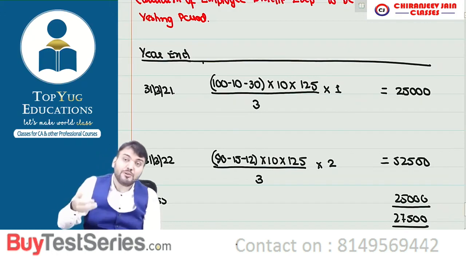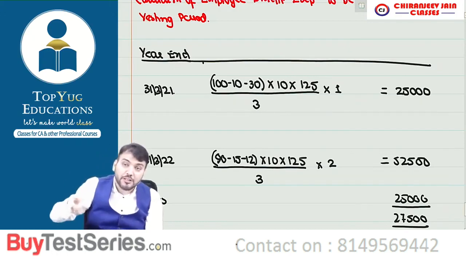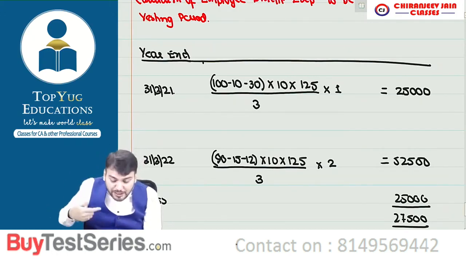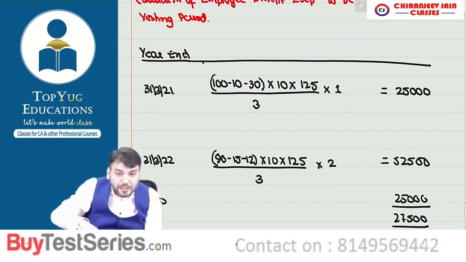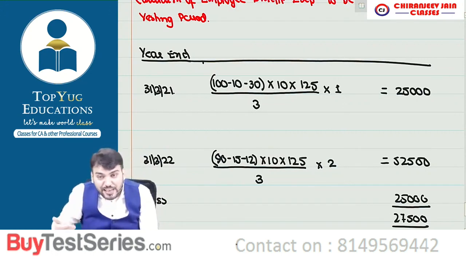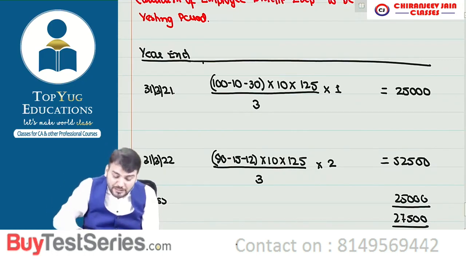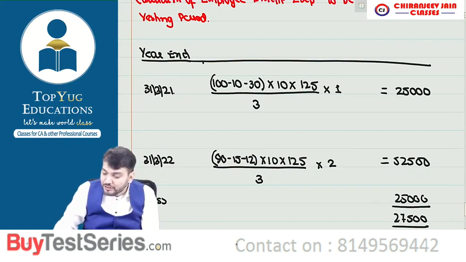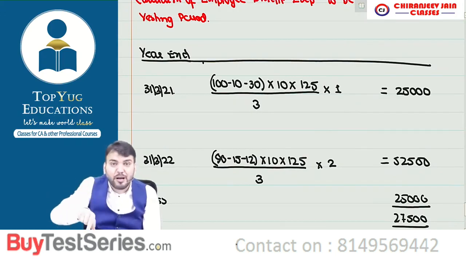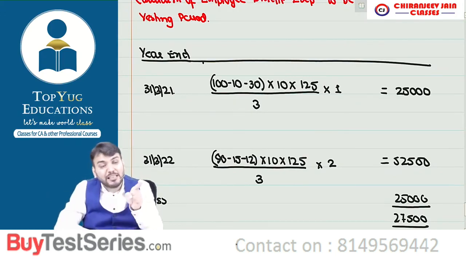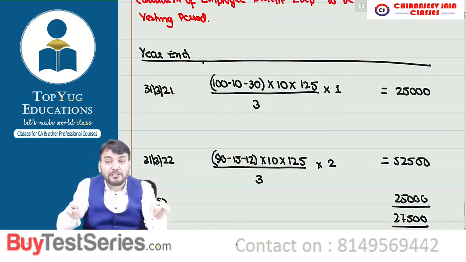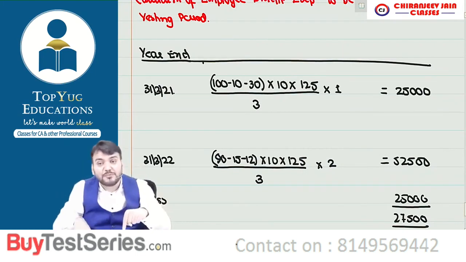Second year, once again we'll do reassessment of the expense. So now in second year, further employees who left the job is 15, and we are expecting that 12 more employees may leave in third year. Means now we'll calculate expense based on 90 minus 15 minus 12, means 63 employees. In first year we did expense recognition based on 60 employees, but the circumstances have changed.